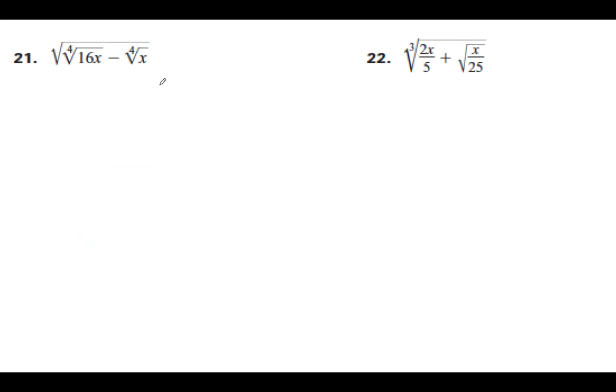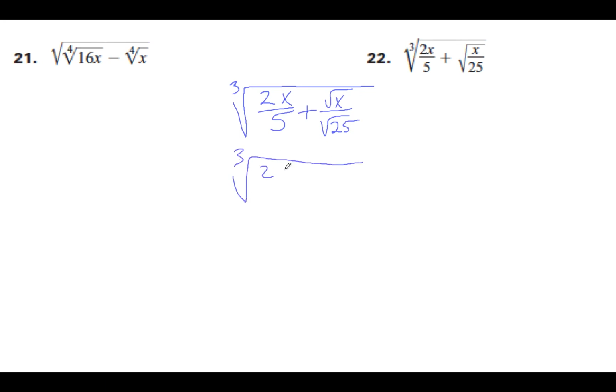20. Number 22. This becomes cube root 2x over 5 plus square root of x over the square root of 25. Cube root of 2x over 5 plus square root of x over 5.